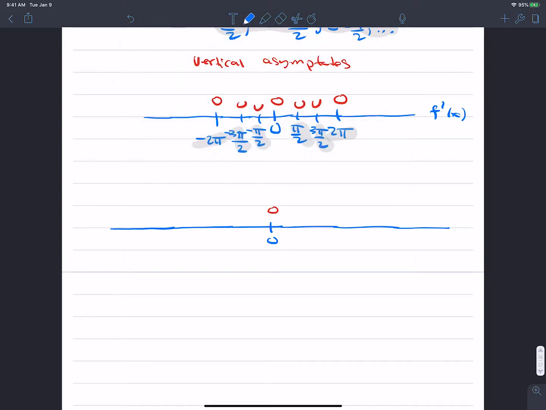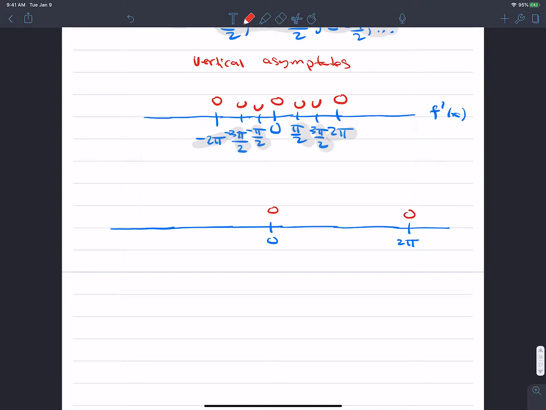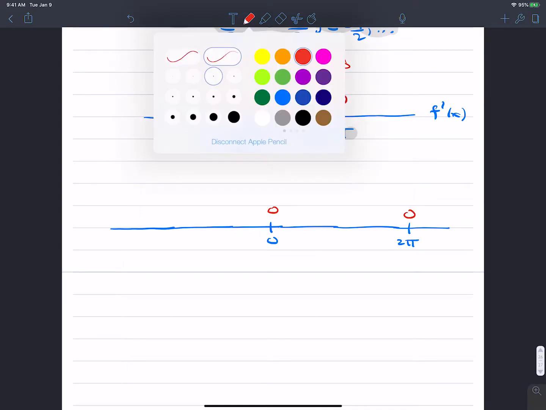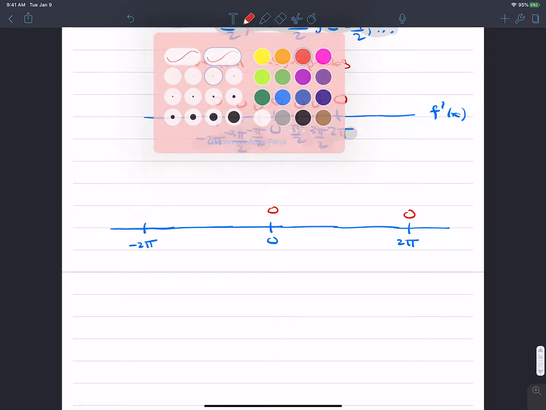Where else was that derivative 0? All the way out here, maybe to 2 pi, right? Here's 0. That's the first derivative. And then the other one will be all the way out here at minus 2 pi. So I'm looking at a snapshot around the origin here.